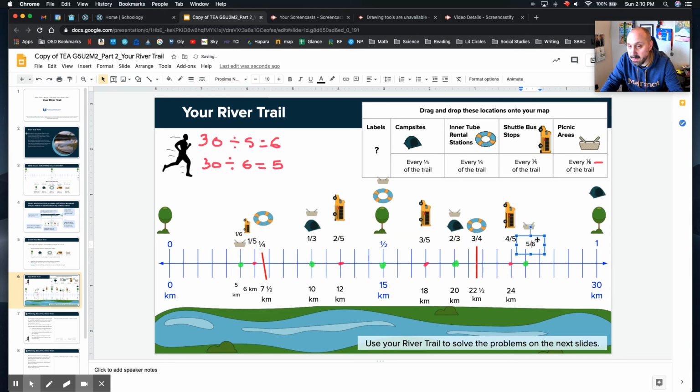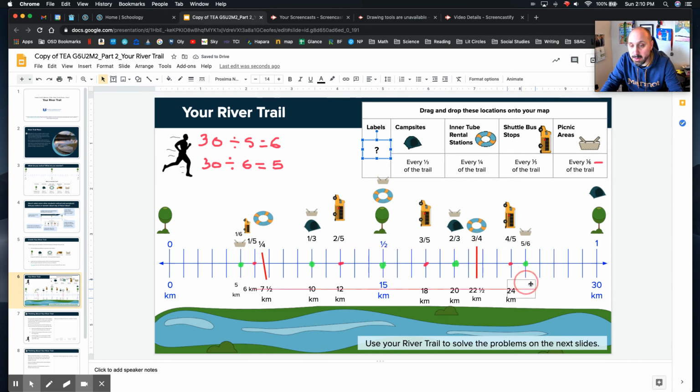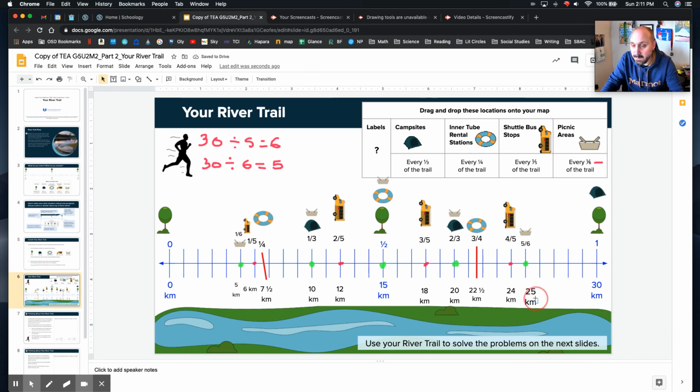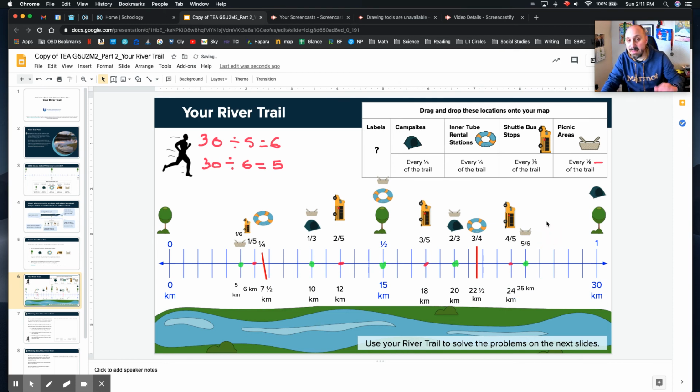So 5/6 is going to be at the 20 part, looks like, or 20, I'm sorry, 25 kilometers. So I'm going to bring this down and go 25 kilometers. So we're going to make that small at 25 kilometers. Okay. A little messy, but basically that's it.